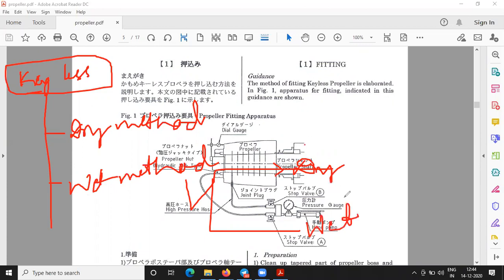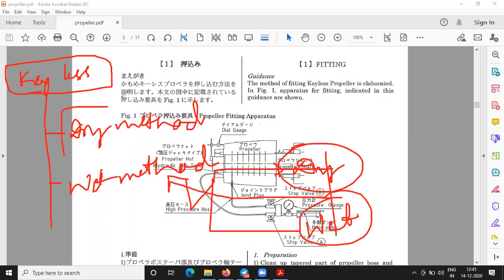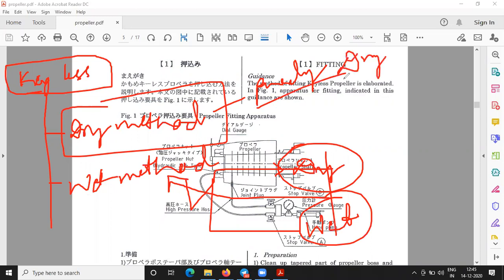This whole thing together constitutes the wet method. But in the dry method, it is purely dry, with no involvement of oil pressure. Whereas in the wet method, we partly use the dry method, and for the rest, whatever the push-up distance is, we do it by the wet method.